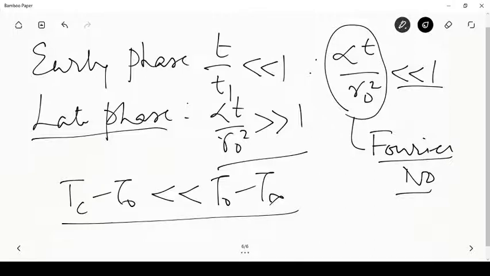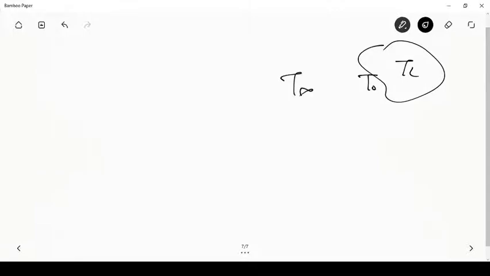So again, let us go back to this object. Suppose the center temperature is Tc, the surface temperature is T0, and the far field temperature is T infinity.